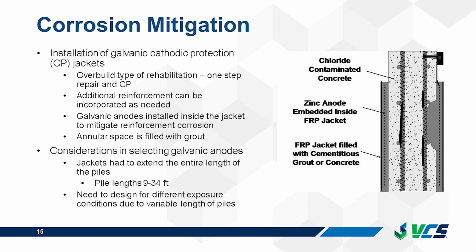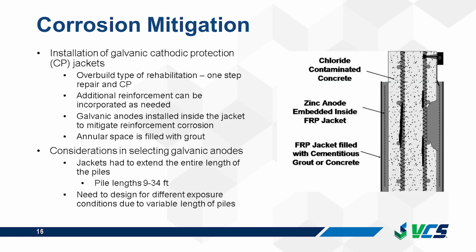So for corrosion mitigation, VCS recommended installation of galvanic cathodic protection jackets. On the right side of the slide, you see a schematic drawing of the jacket. The CP jacket is an overbuild type rehabilitation that can provide cathodic protection and concrete repair essentially in one step.